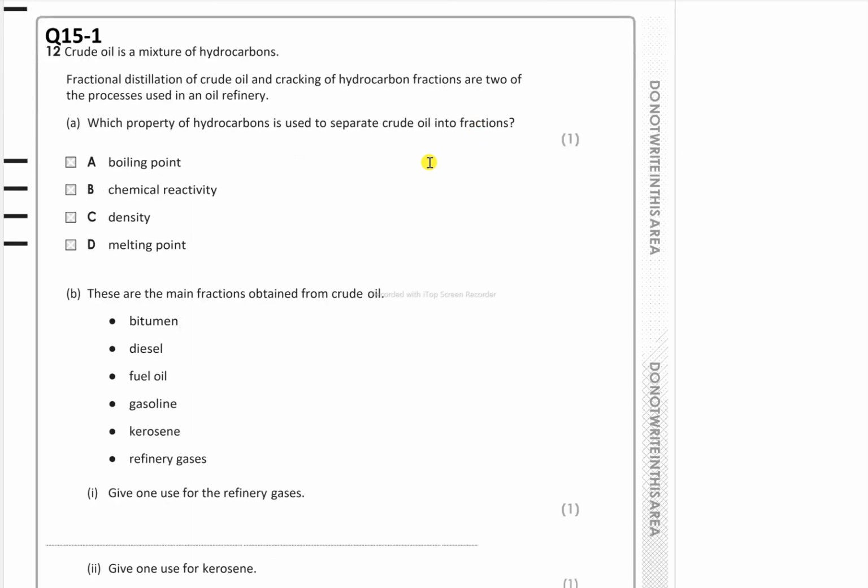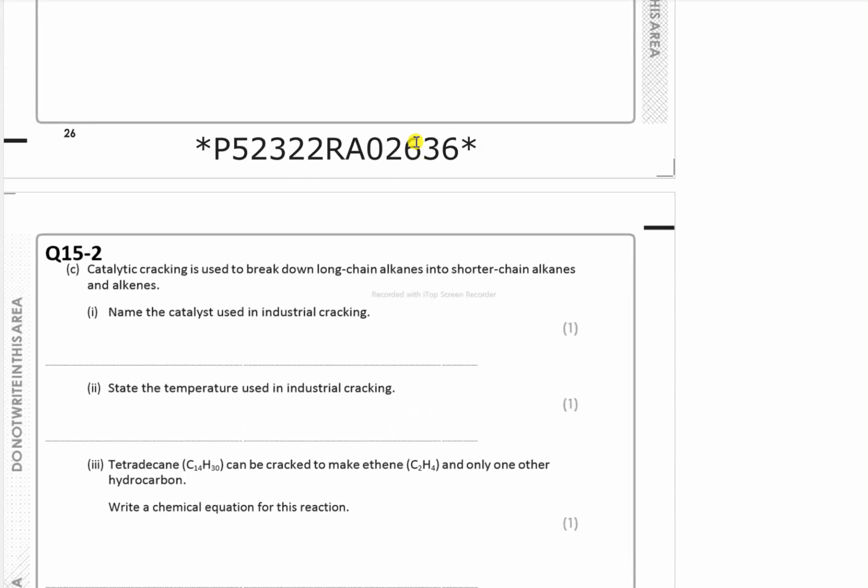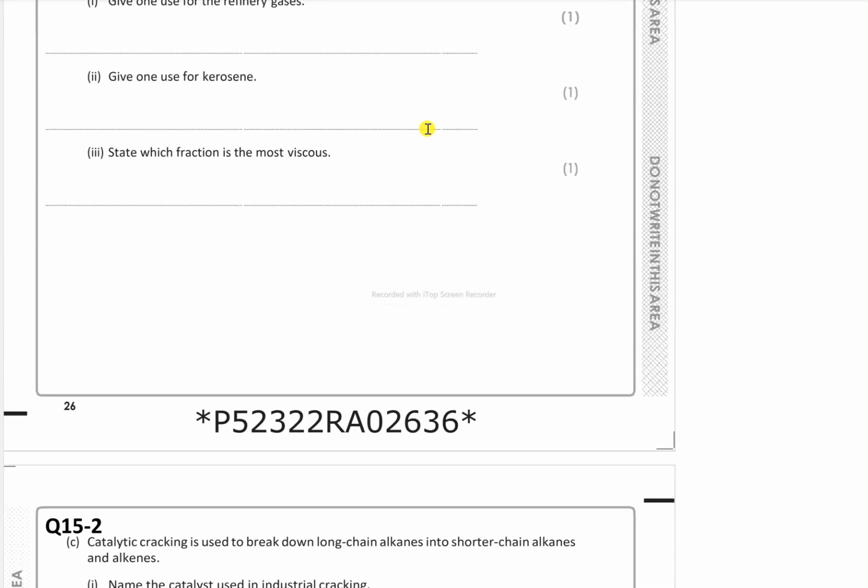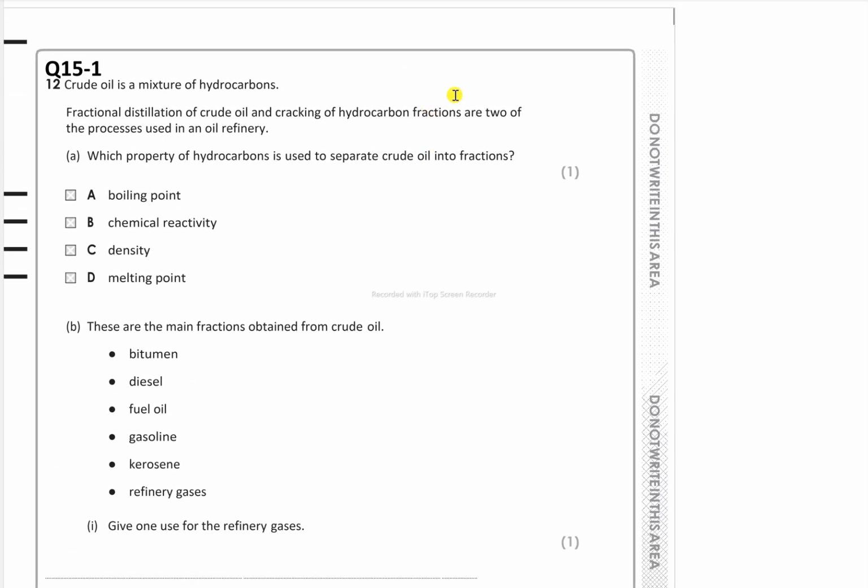Last one. Is this the last one? Yeah, okay. So let's make the most of this. Right, we have fractional distillation to split up crude oil, cracking. Which property of hydrocarbons is used to separate crude oil into fractions? I'm sure I've done this before. It's the melting point.